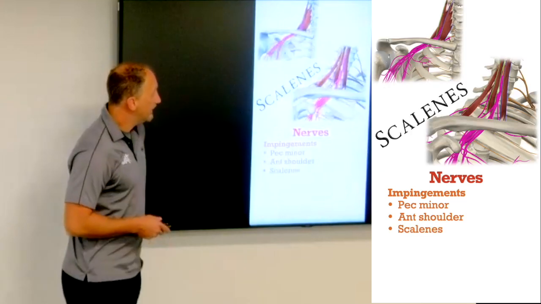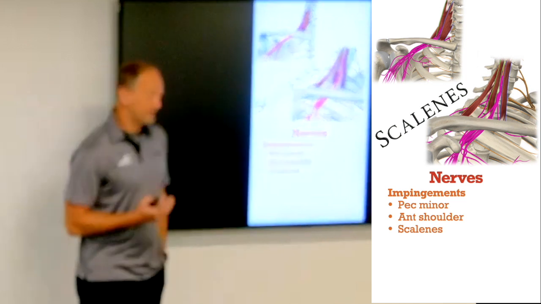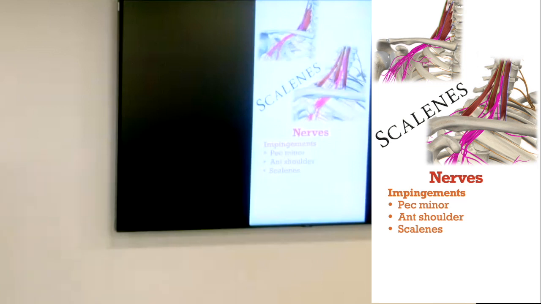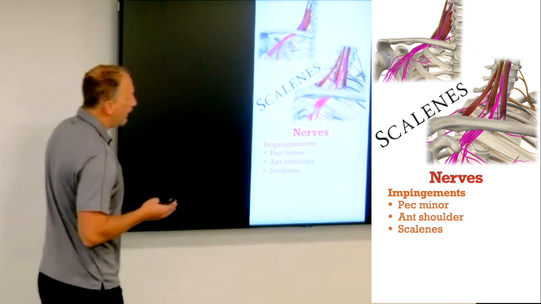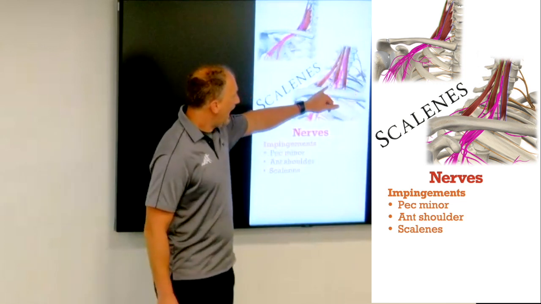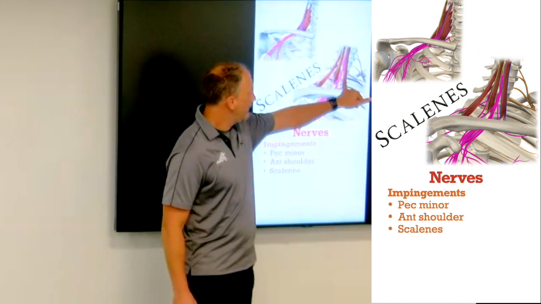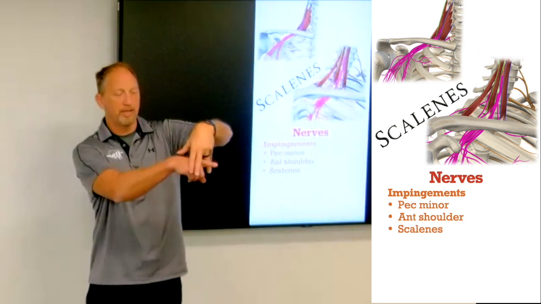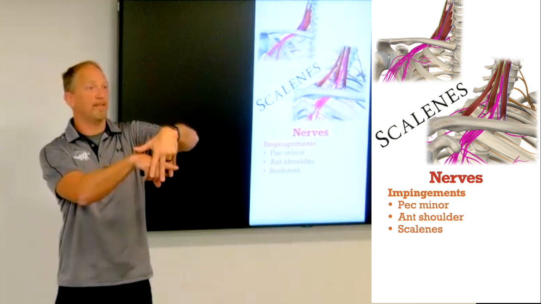The other place that we see it is going to be the scalene. Scalenes are part of the arm line, the lateral line, the deep front line. And when we look at this, the brachial plexus actually comes out between the anterior scalene and the middle scalene. So if you have your three scalene muscles, the brachial plexus actually separates those.